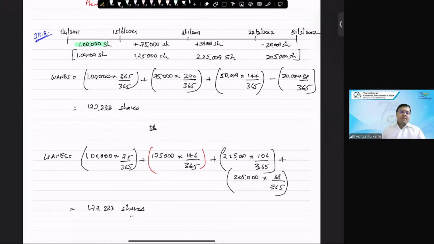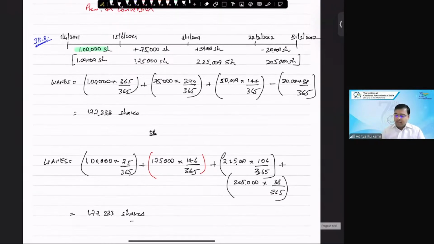The first method requires you to be a little careful on the adjustments and to keep track of each lot, how many days you are taking. The second method does not require you to look on a lot-wise basis, because the build-up is already coming at each point in time when the capital structure is changing.